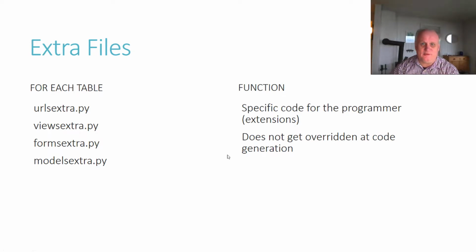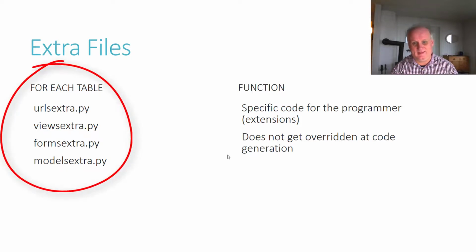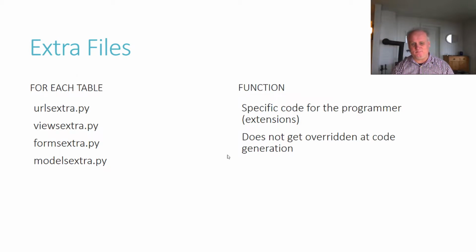In order to do this, we have 4 files that do not belong to standard Django, and they go into each table. We have a URLs extra, we have a views extra, we have a forms extra, and we have a models extra. Those are created the first time you create an application in the code generator, and they're basically blank from the very start.